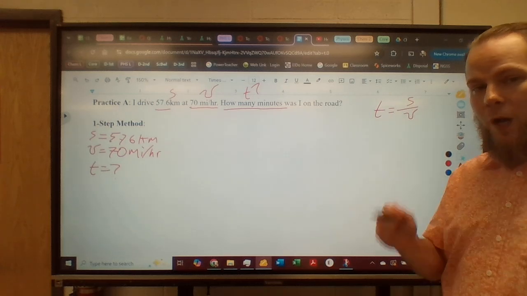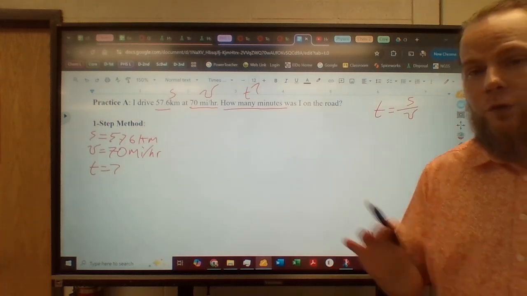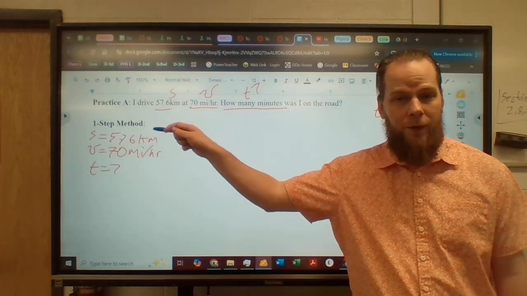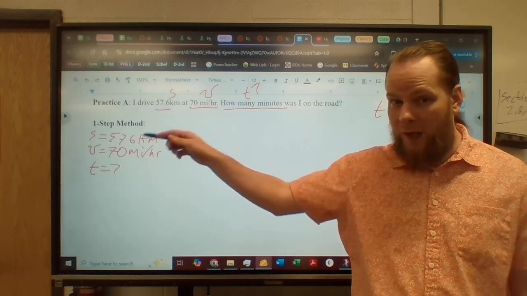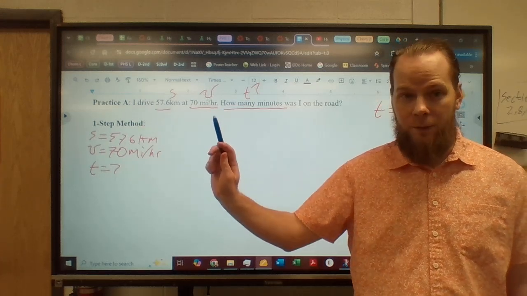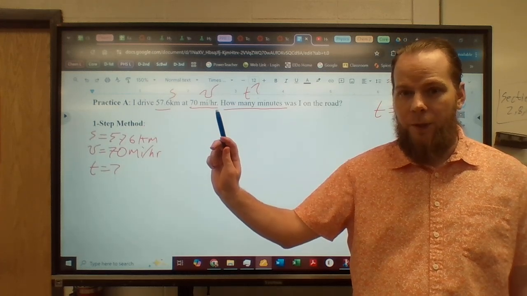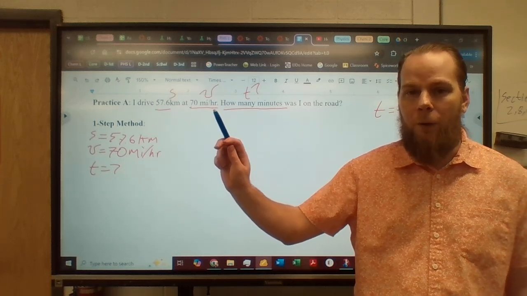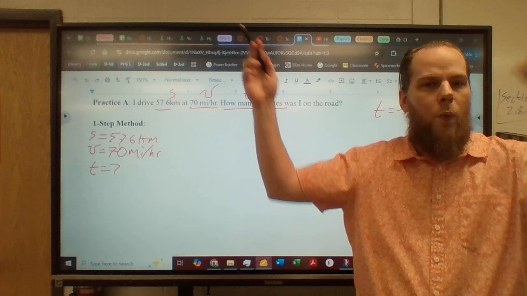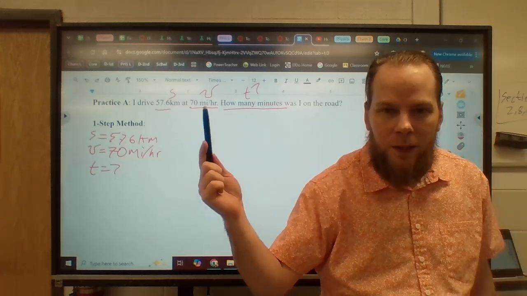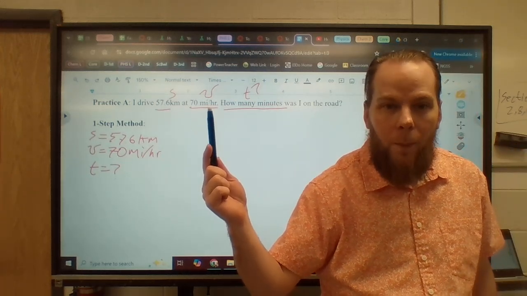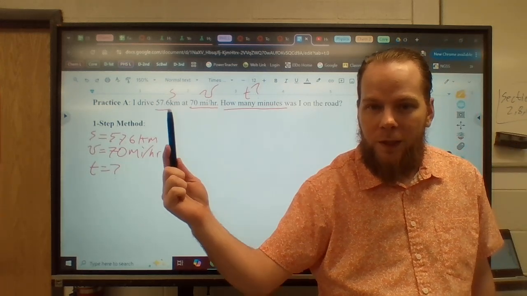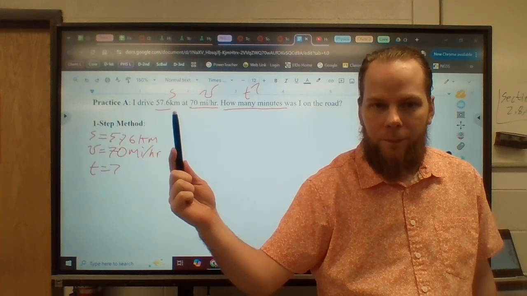So the thing you want to convert, if you want to do the one-step method, you always convert the speed. So if we're converting the speed, we need to convert miles per hour to what? We need to make the distance unit here, miles, match the distance unit here, kilometers.